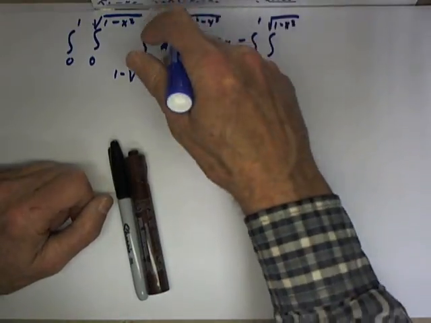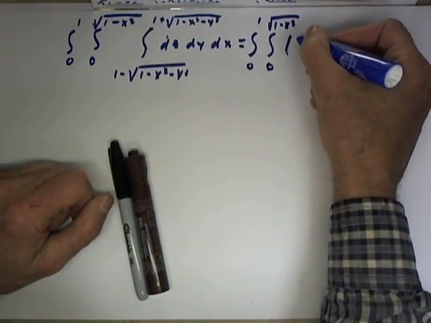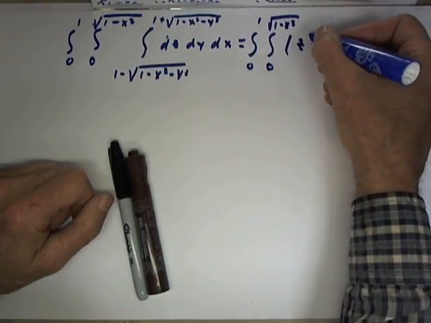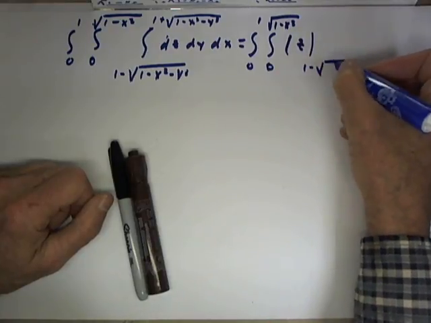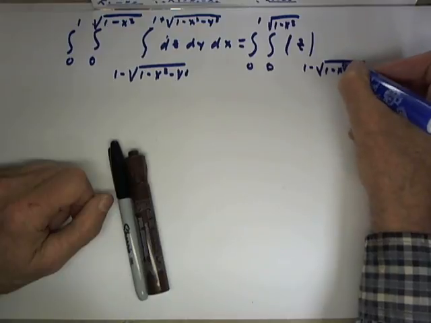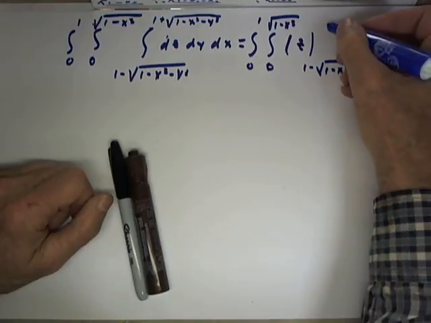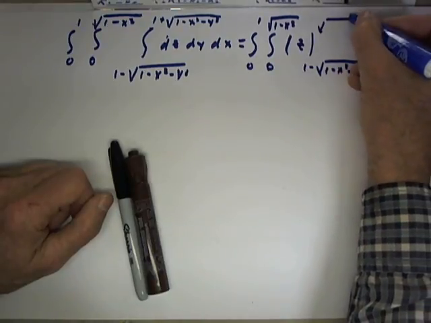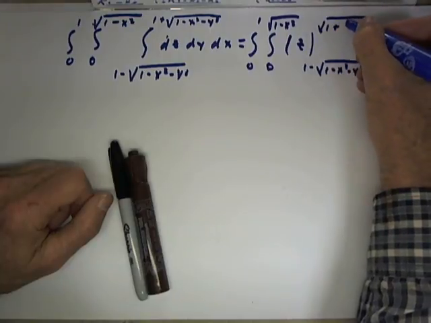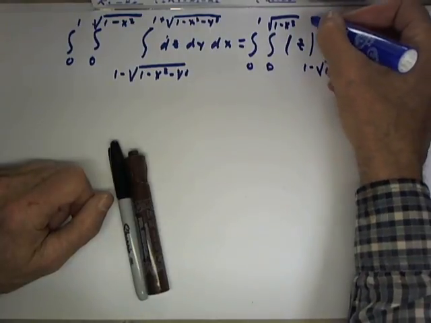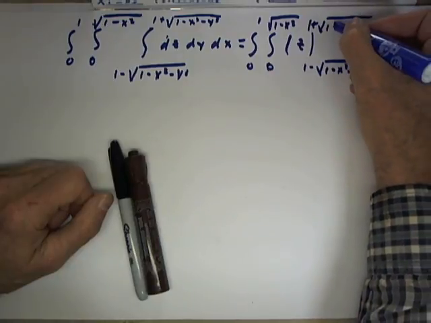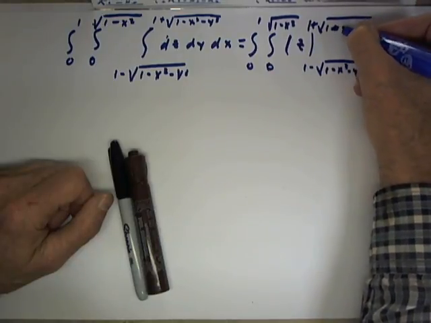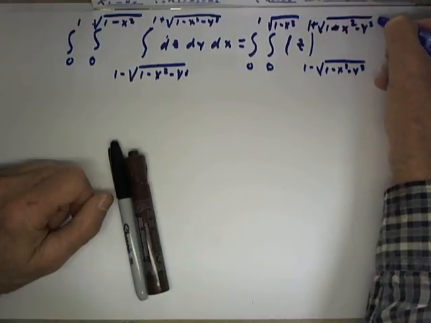So our first integral just consists of z evaluated between the limits 1 minus the square root of 1 minus x squared minus y squared and 1 plus the square root of 1 minus x squared minus y squared.